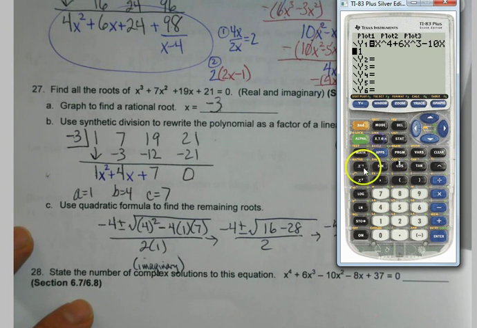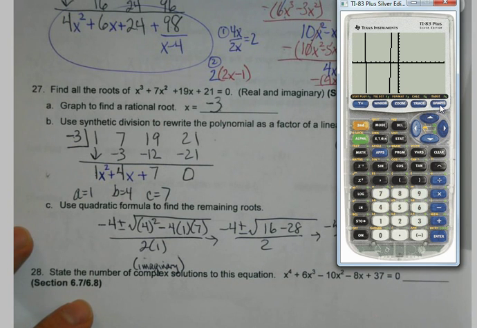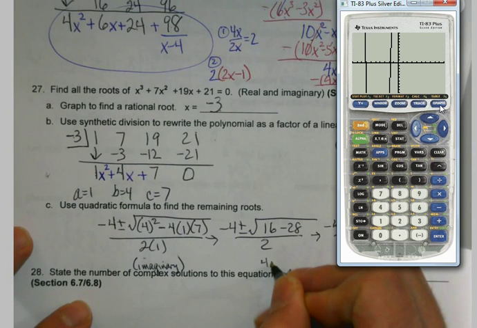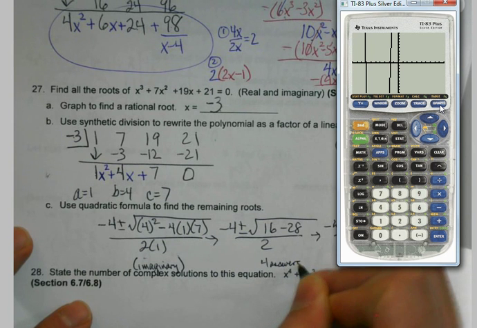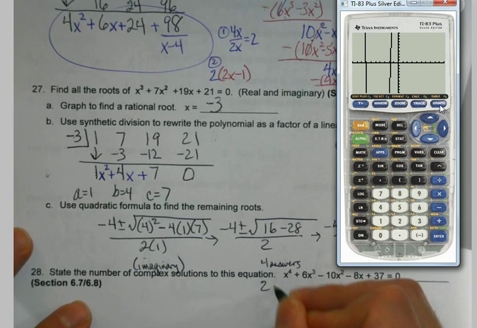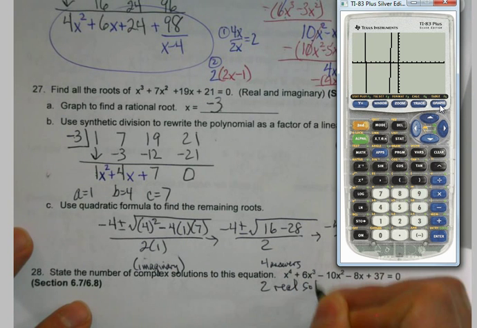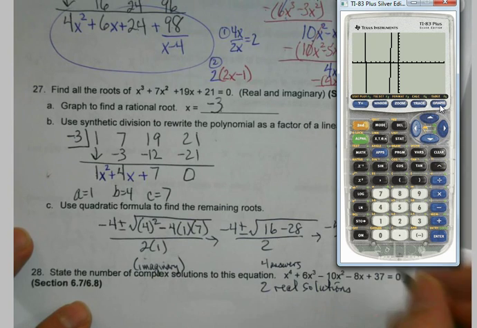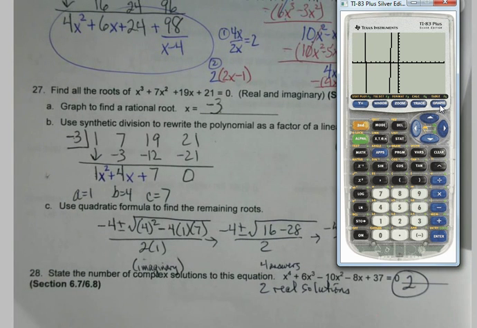You're not going to have the flexibility to sit and ponder and ponder and ponder with this. You kind of need to know what's going on. So now here I notice, with 4, I know there should be 4 answers. There should be 4 solutions. I can physically see 2, which means I have 2 real solutions. So if there's 4 answers and 2 of them are real, how many of them are imaginary? 2. Okay? Simple as that.